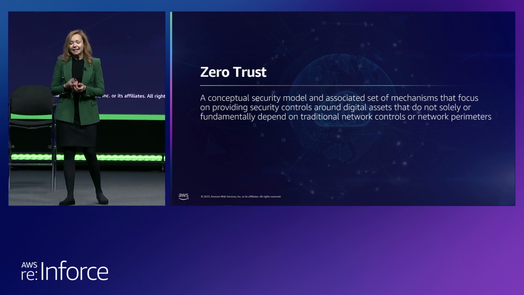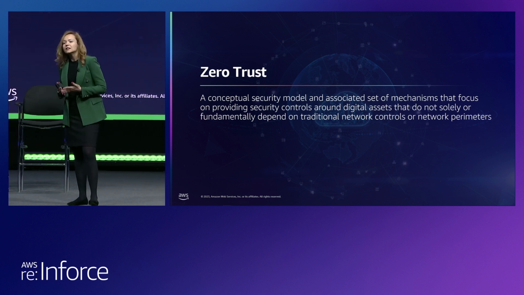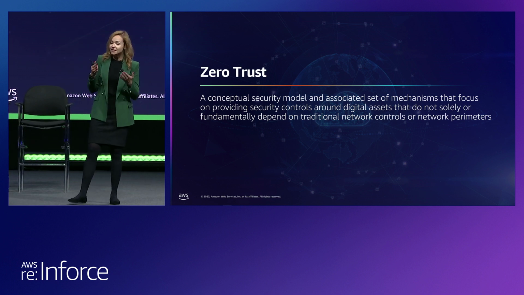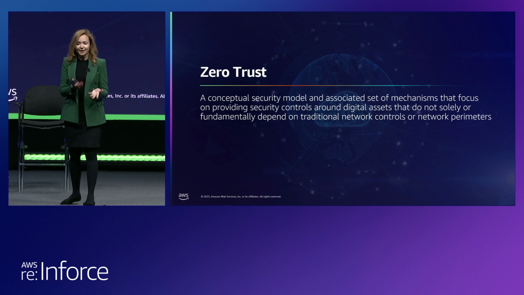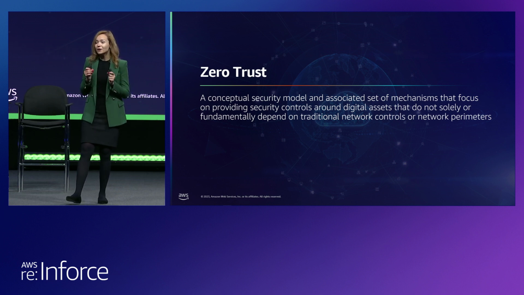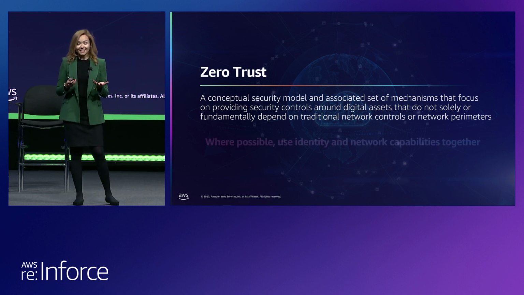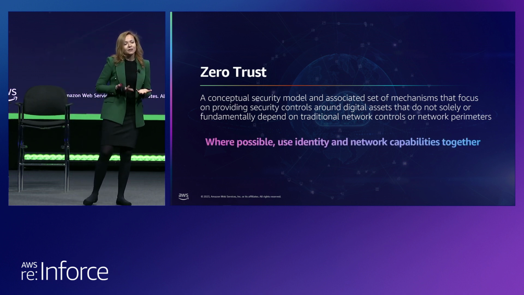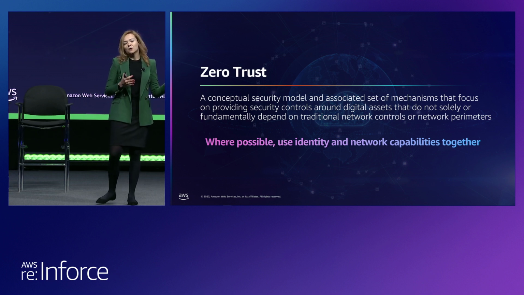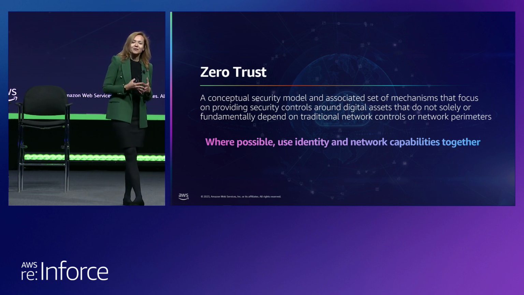But conceptually, in AWS's view, zero trust is a security model and an associated set of mechanisms that focus on providing security controls around your digital assets that do not solely or fundamentally depend on traditional network controls or network perimeters. Very important there. So how do we bring in identity and networking capabilities together? We're not taking networking security and putting it aside. We are integrating it with identity features and capabilities to bring these two worlds together, right?